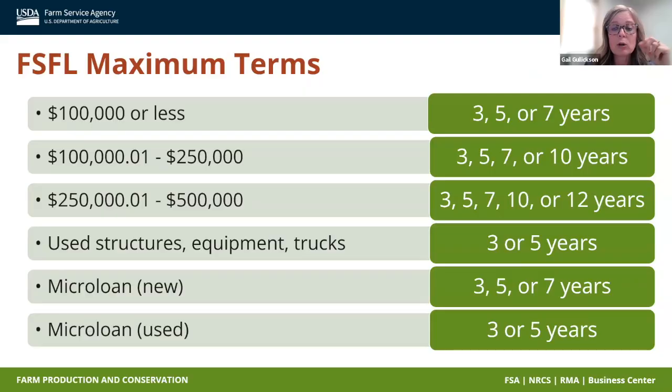The loan terms are up to 12 years for FSFL, and applicants may select the term on the application based on the amount requested. You see there are some options here. Microloan terms are shorter and shall have a maximum of 3, 5, or 7 years for new, and just 3 or 5 years for used storage structures, equipment, and storage and handling trucks.